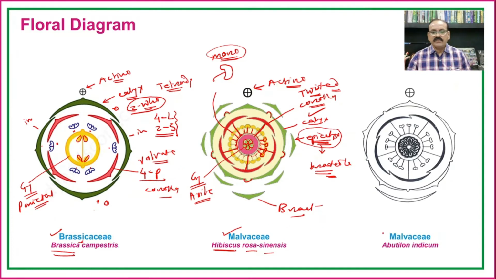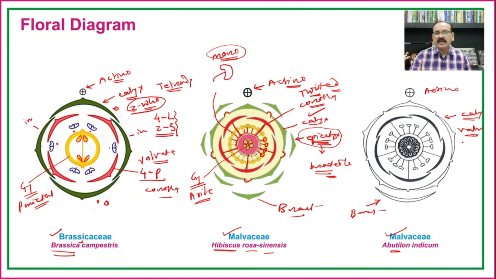The next one from the same family is Abutilon, which is again one of the common plants, in which there is a presence of bract in the flower. Then the flowers are actinomorphic, with a calyx which is in valvate aestivation and fused condition, that is the gamosepalous condition.